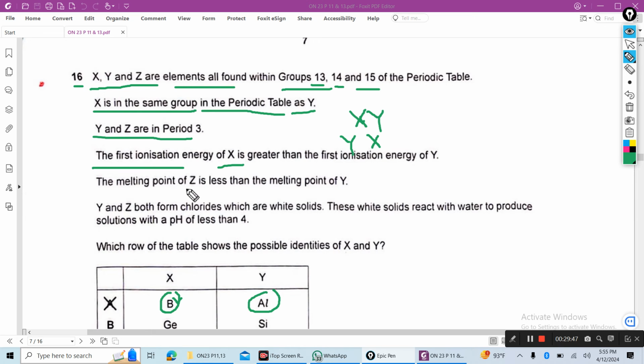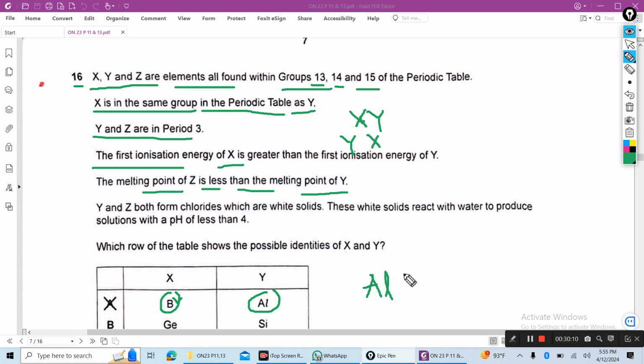Then, the melting point of Z is less than the melting point of Y. So Y is aluminium. Y and Z are in period 3.